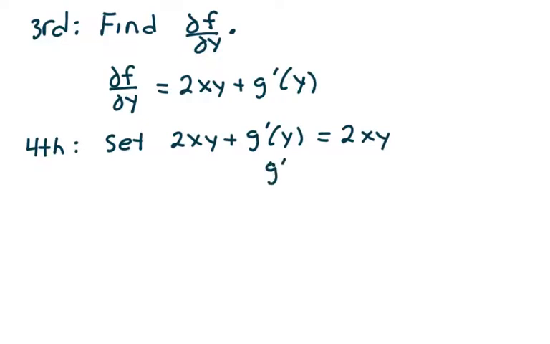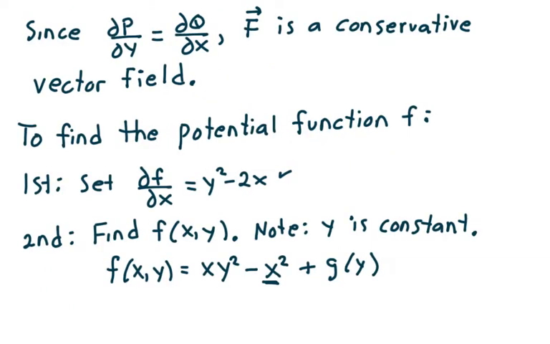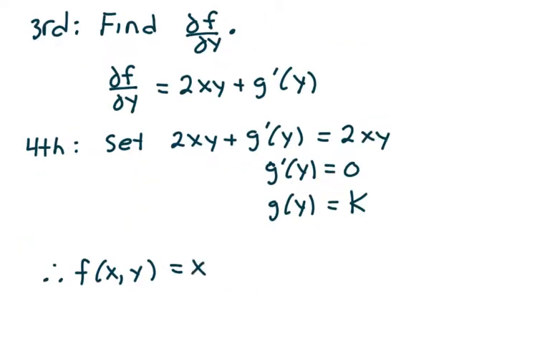But that says g prime of y equals 0, and that says g of y equals k. And so I'm done. What this says is f of xy equals xy squared minus x squared plus k. And that's my potential function.